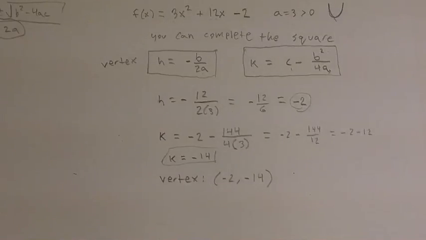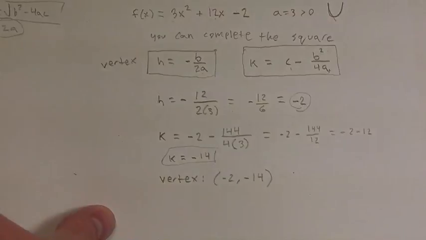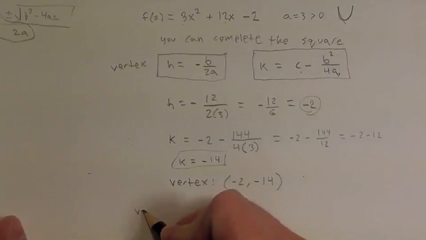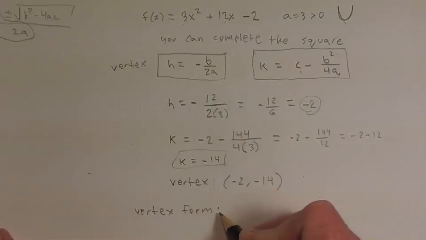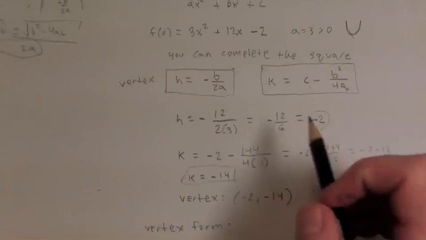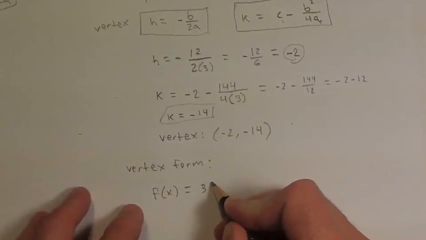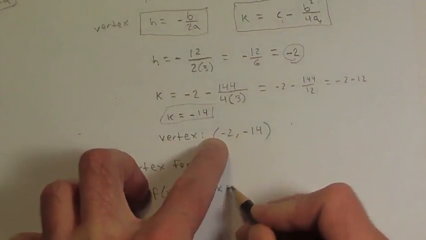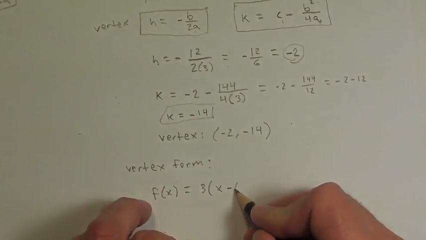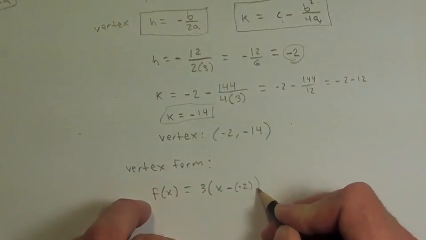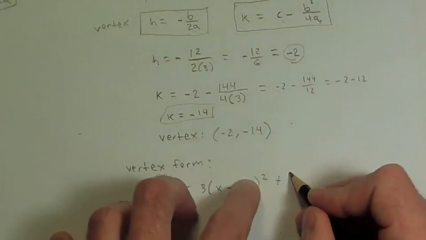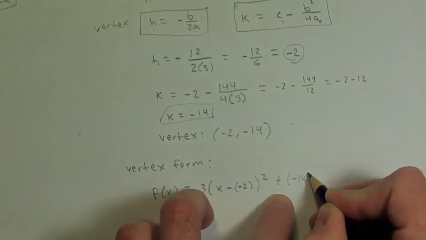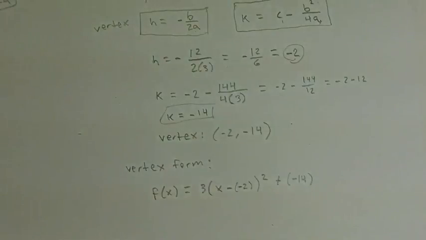Now if we want to rewrite this in vertex form, we can do that. Remember, the a is the same, so the a is still 3. Then it's going to be x minus the h, which is negative 2, all squared, then plus the k, so plus a negative 14.